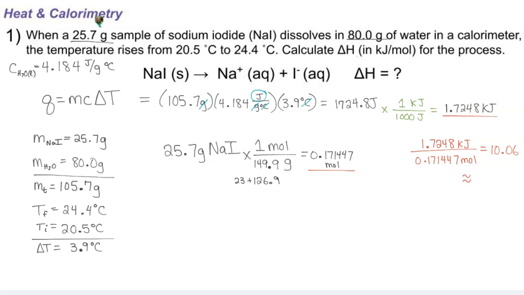And all of the values in the problem have 3 significant figures, so my final answer should also be rounded to 3 significant figures. So I'll do the rounding sign, and then I will round to just 10.1 kilojoules per mole. And I'm running out of room here, so I'm going to put it below. And there is our final answer.